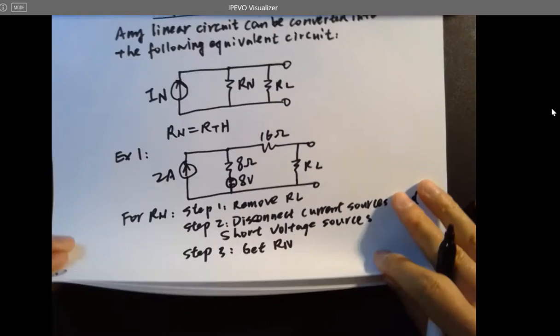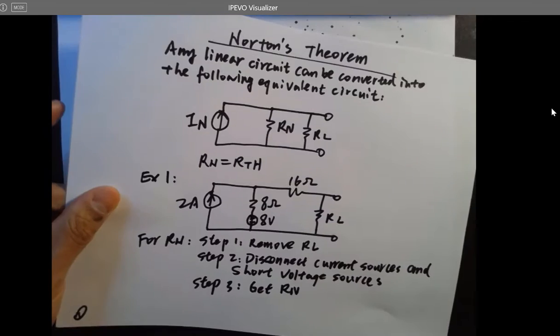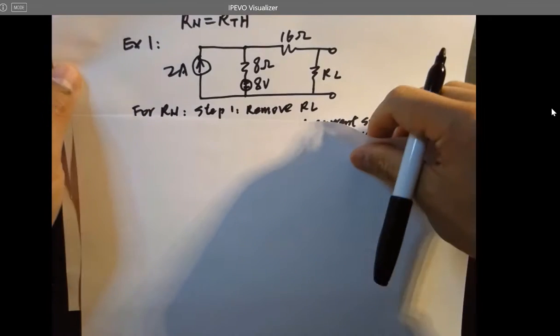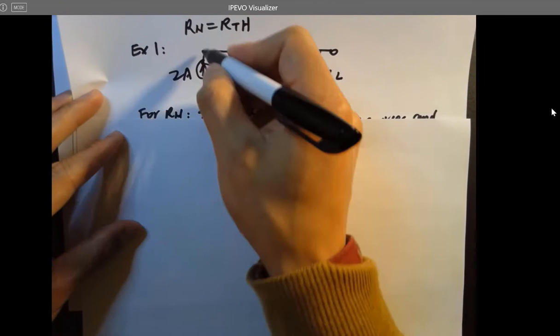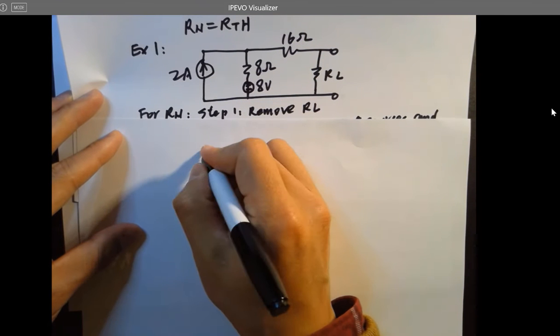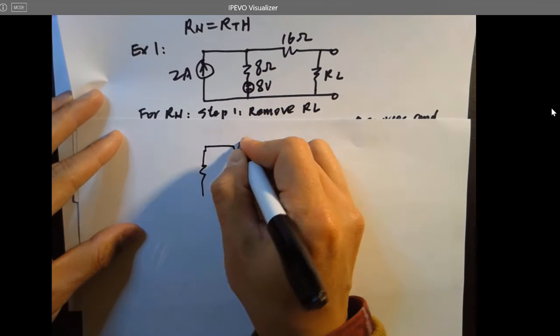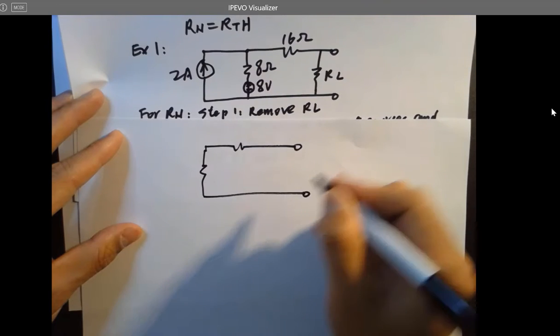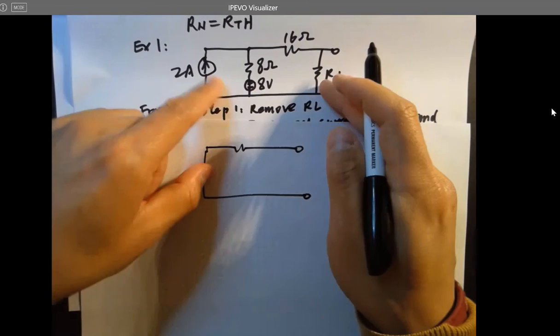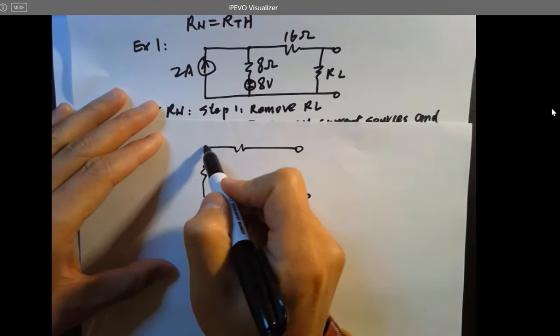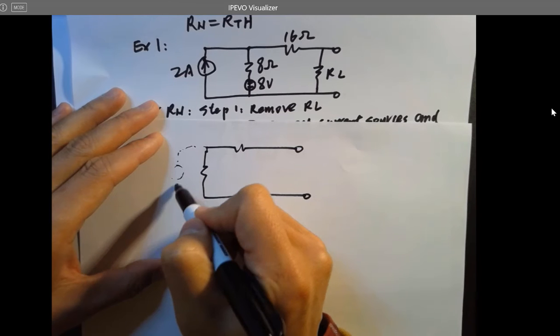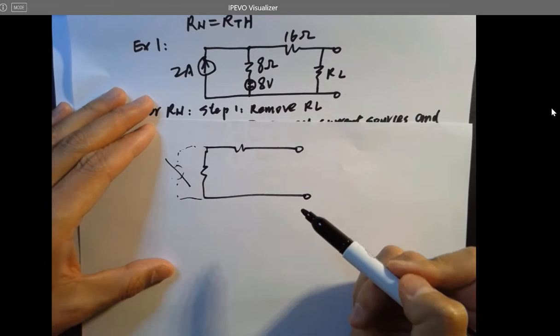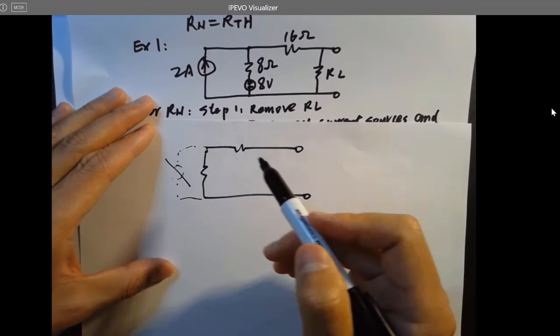Let's take a look at how I'm going to do that for this circuit. Remove RL, disconnect this one, short this one. So eventually you only have one resistor here and one resistor here, right? It used to have a current source here, but it's been removed, so there's nothing there anymore.